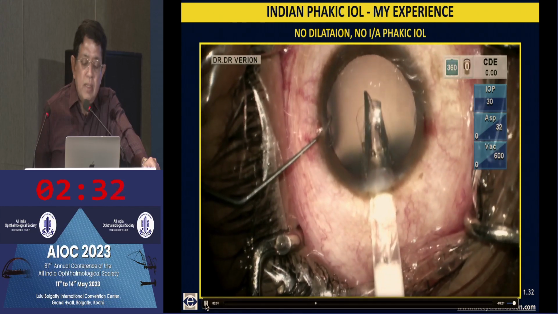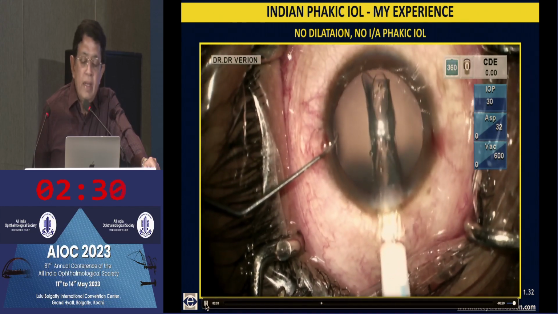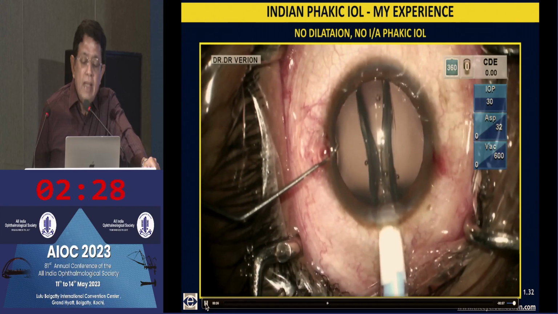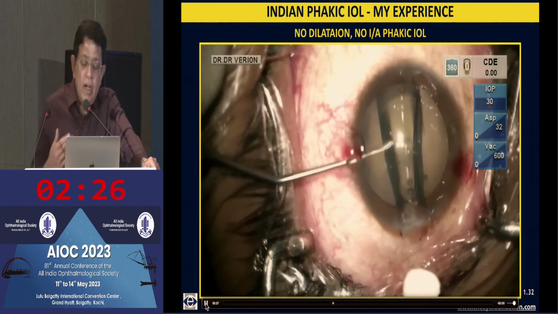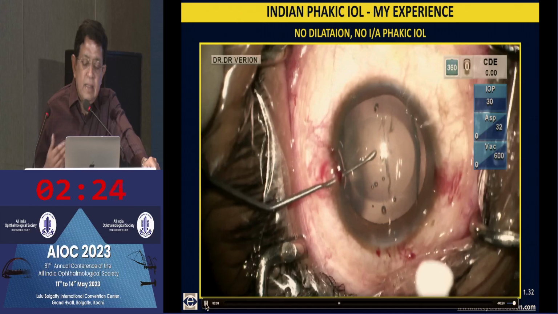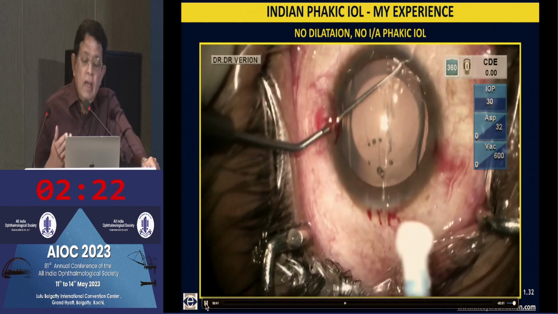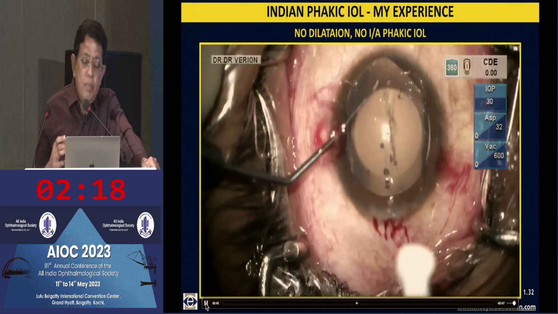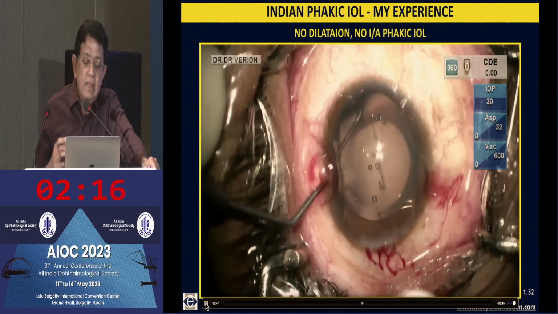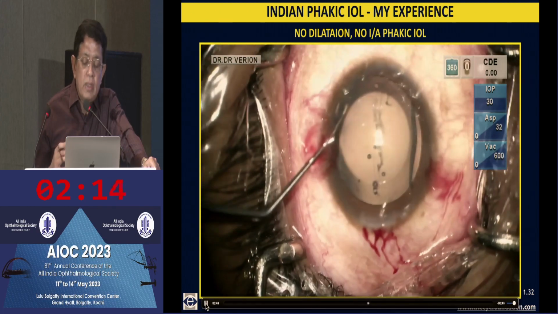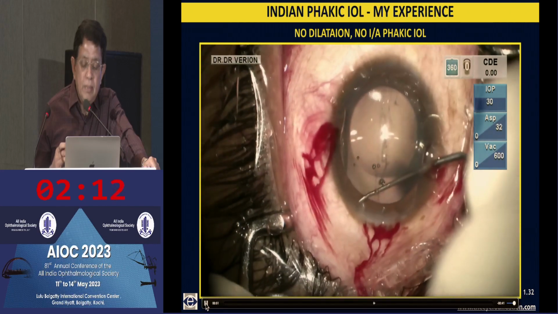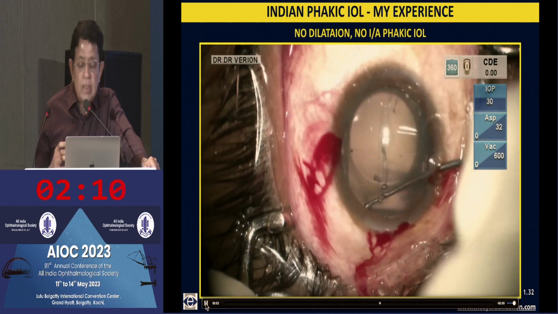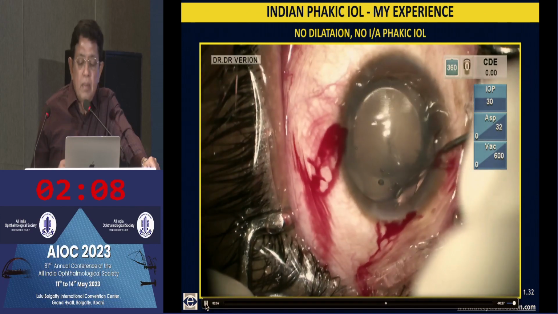And as you will see here, I don't even go in with the irrigation aspiration cannula. As I go ahead and hydrate the incisions, it just flows out. And the lens is always injected in front of the pupillary margin, in front of the iris. Then subsequently, using this spatulated instrument, you go ahead and introduce it, tuck it in just under the pupillary margin.